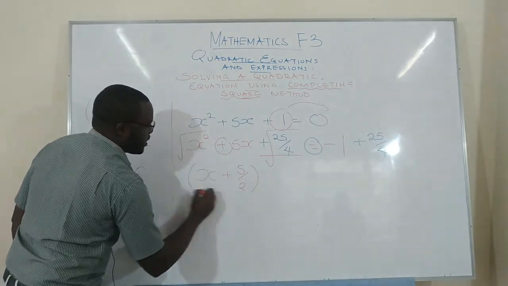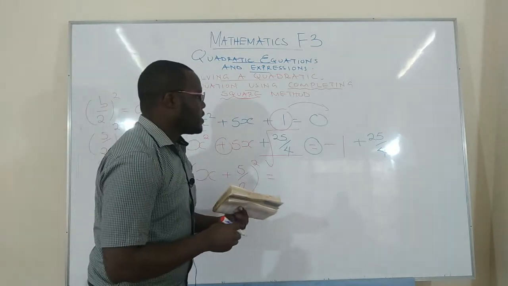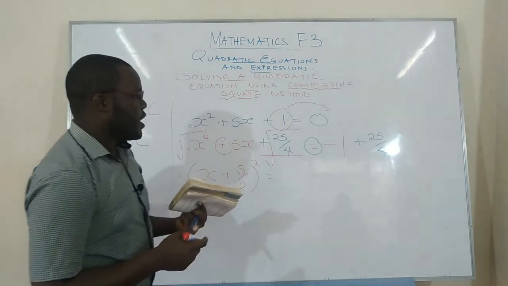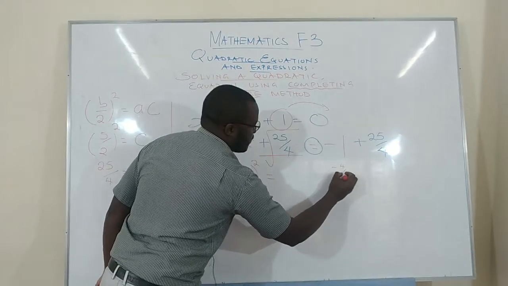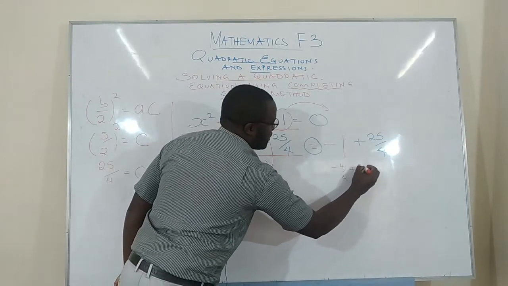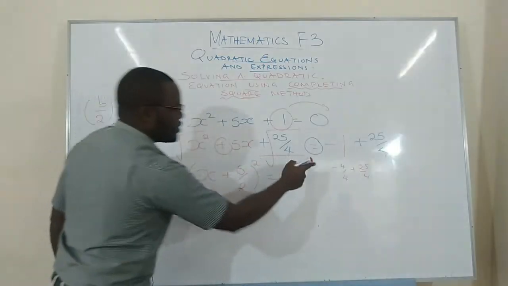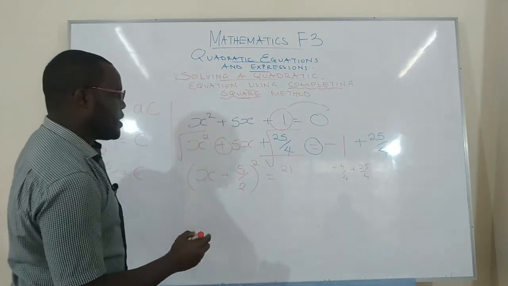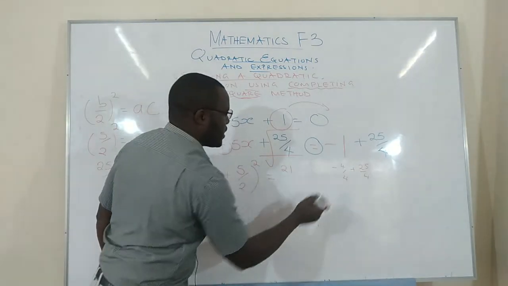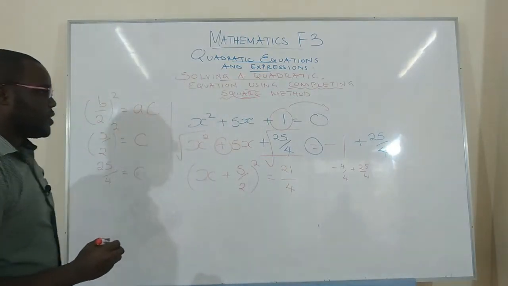Put it in a bracket, and then you have this equal to, what is negative 1 plus 25 over 4? I can just call this negative 4 over 4 plus 25 over 4. It is easier for me to reason with it that way. This will give me 25 minus 4, that is 21 over 4.